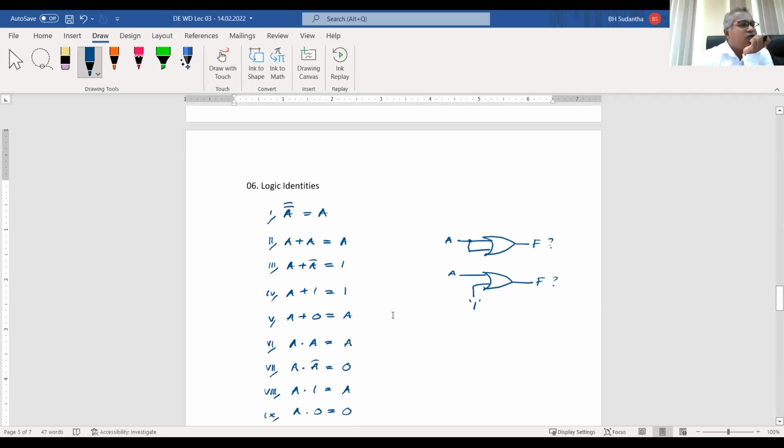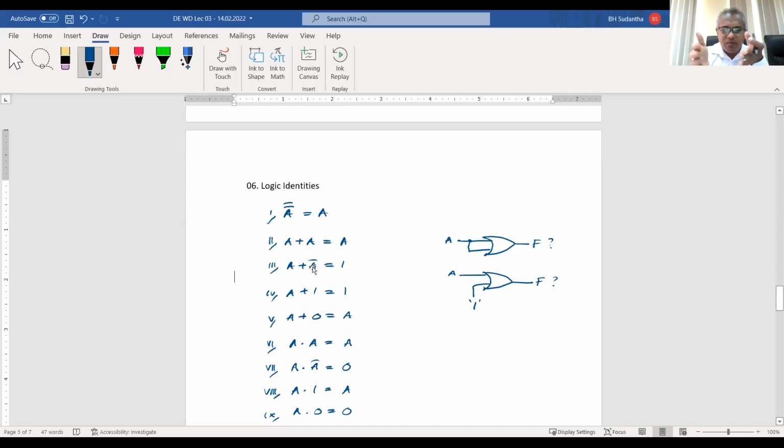Third and fourth one, can't we take A as the answer? Third, A plus A bar, is always 1. Assume A is 1. With an OR gate, if any input is 1, the output is 1. If A is 1, A bar is 0, but A is 1, so the output will be 1. Assume A is 0, then A bar will be 1.